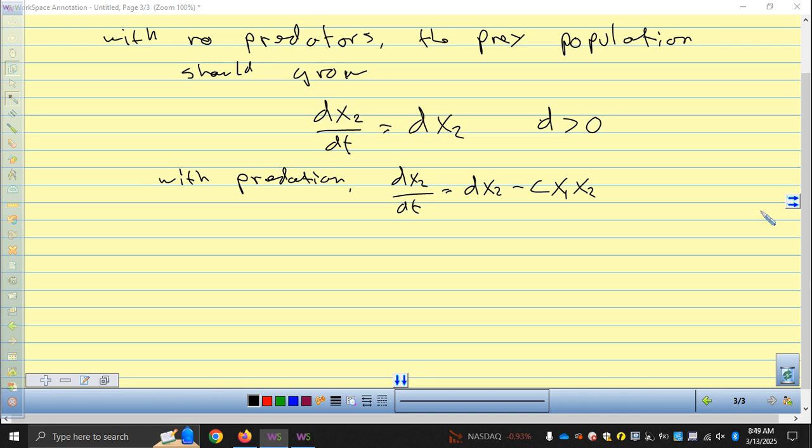So we have a system of nonlinear differential equations.